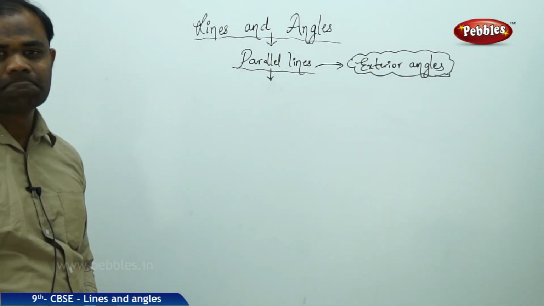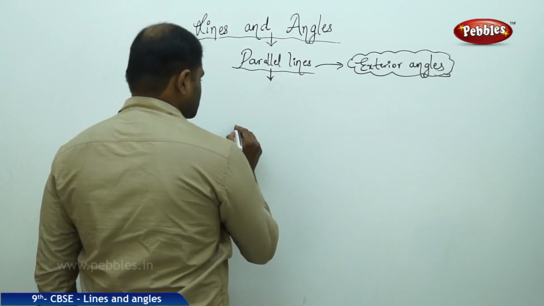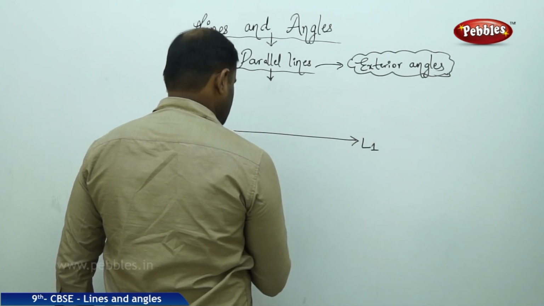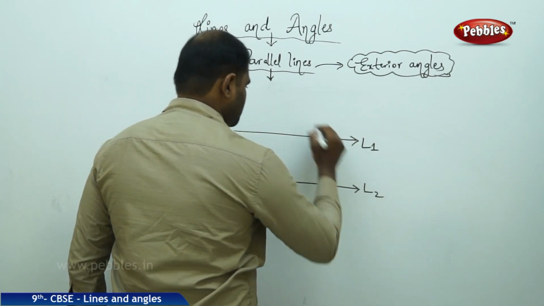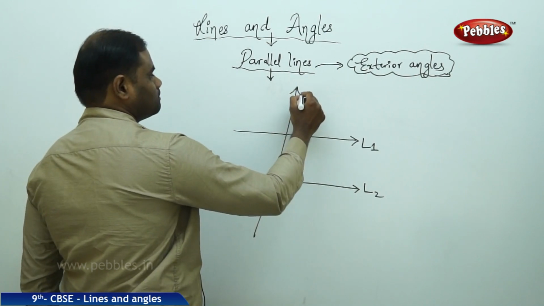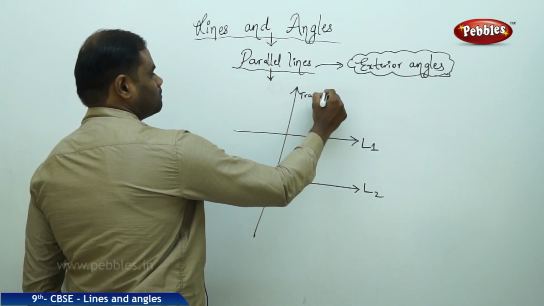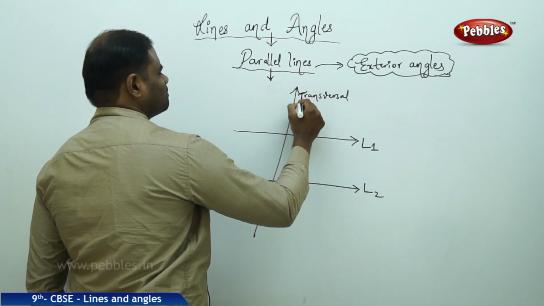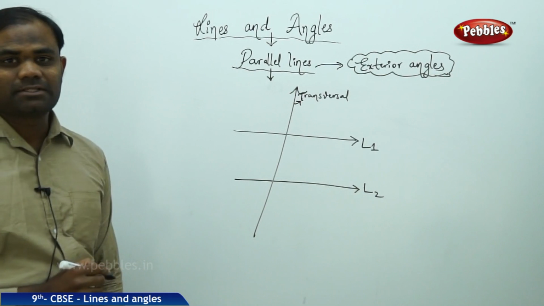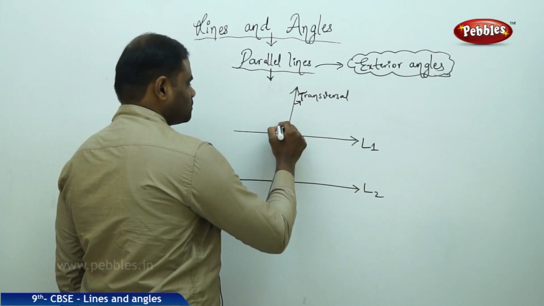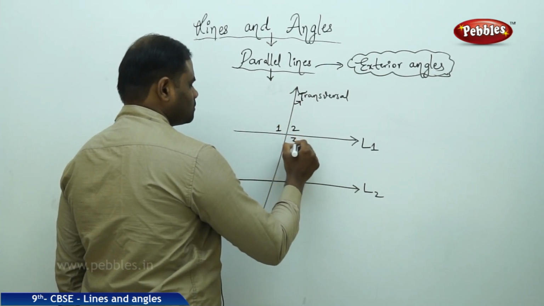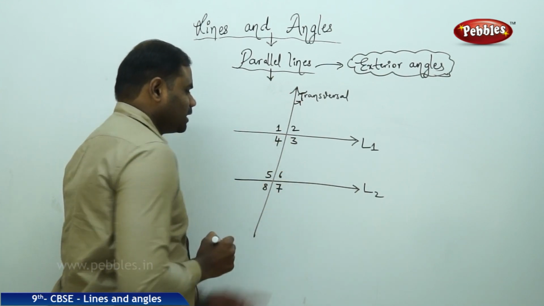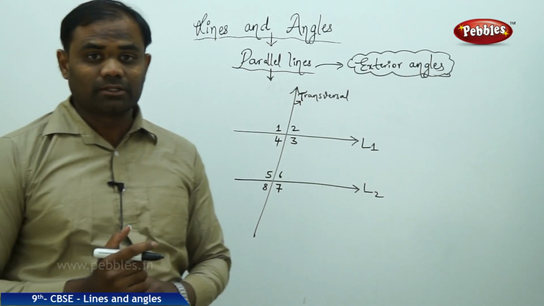Let me take the pair of parallel lines L1 and L2 with the transversal cutting the lines L1 and L2, and making 8 different angles with L1 and L2.